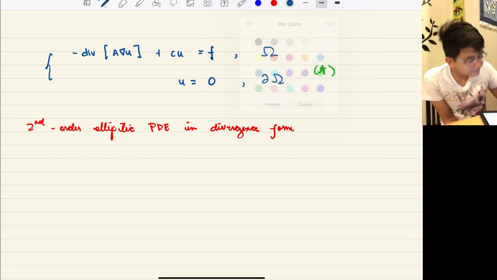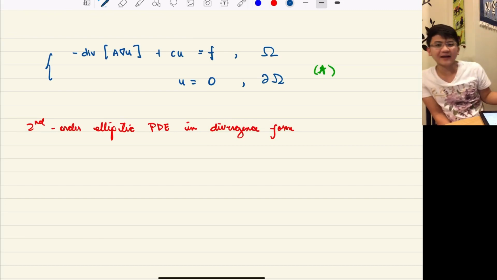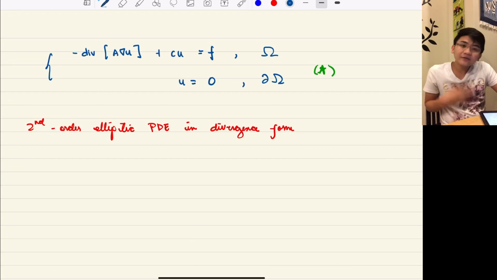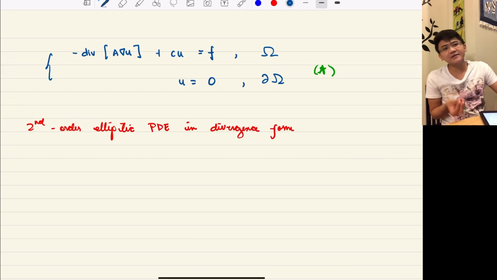Okay, so we want to ask why these equations? There are countless different PDEs to look into, and to answer that, in the study of PDEs, the choice of which PDE to study really depends on how significant the applications coming from it are.